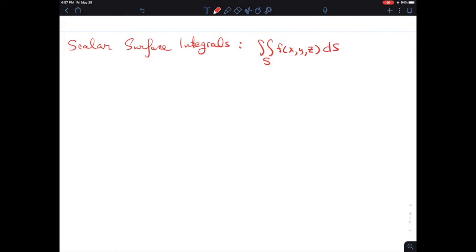Okay. So, and as we said, ds is the surface area differential. But then there's a vector surface integral. And this is the surface integral of a vector field over a surface.